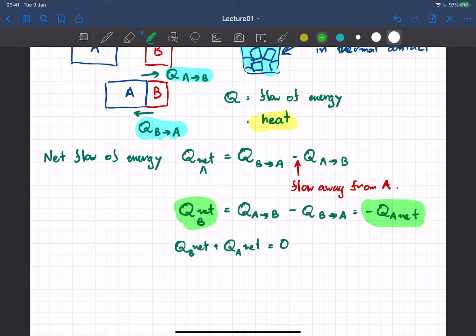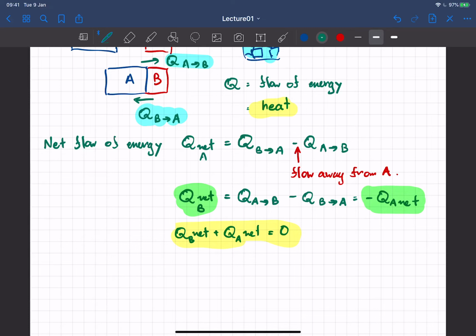So that means our system, which consists of A and B, is a closed system. That means it's isolated from other things. Okay, so everything that's happening in terms of the flow of energy happens within the system. So all the energy coming out from A must go into B, and vice versa has to be true.